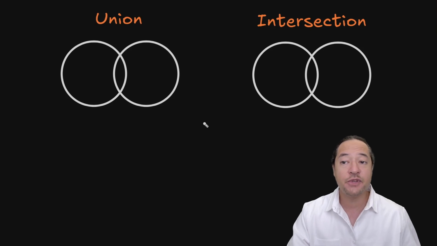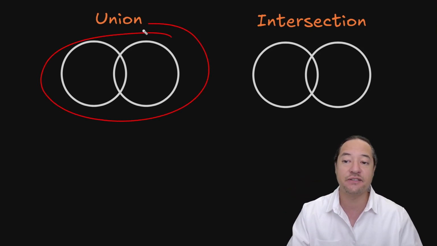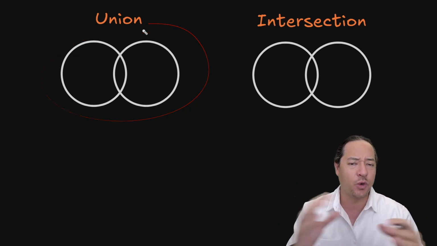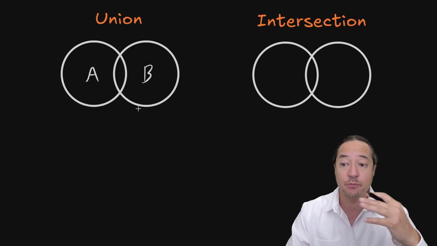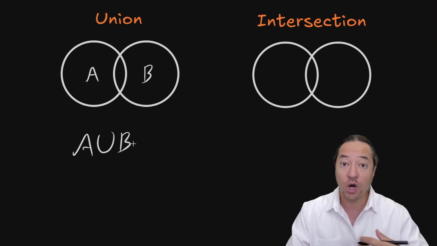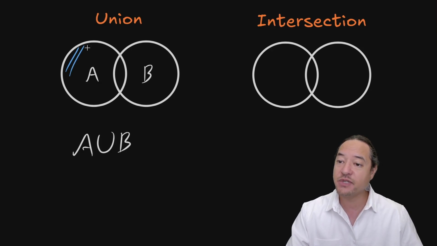So it's very common to illustrate these kinds of union operators using Venn diagrams. We kind of see how things overlap or don't, and what the result is going to be. Okay, so first let's say that this circle represents set A, and this circle represents all of the elements in set B, and we're going to do A union B. We want to know what we get as a result.